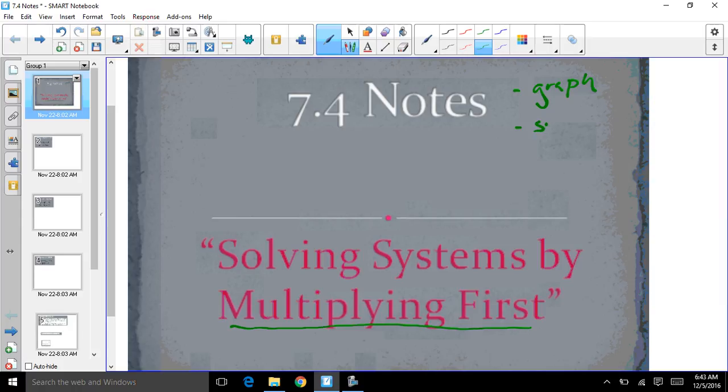We always can use the substitution method, and that's your big one, the one that you'll default to most of the time. But then you can add or subtract. And finally, because you know how to add or subtract, you can now couple with that the fact that you can multiply first. And that's just going to help you even more. So let's go ahead and get started.